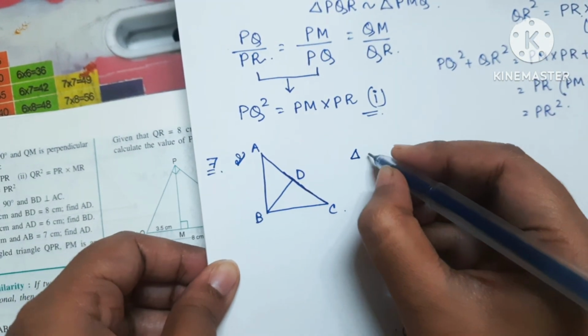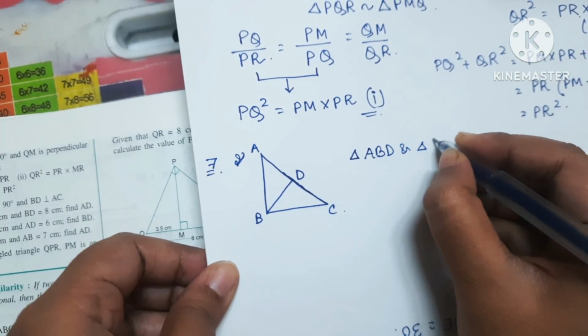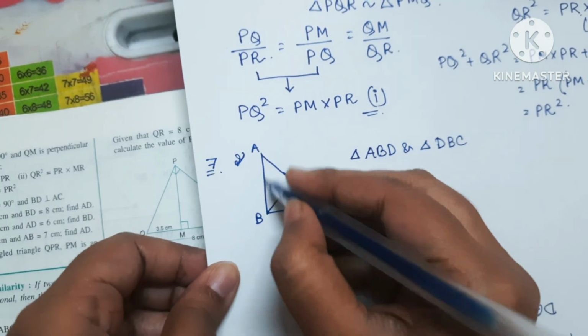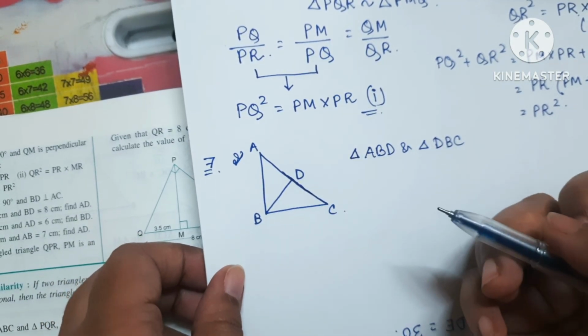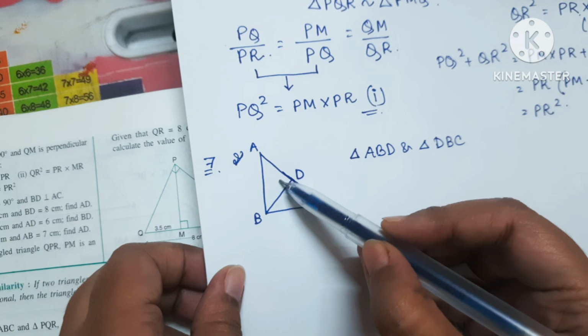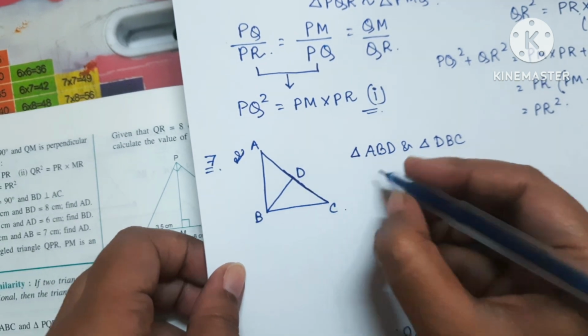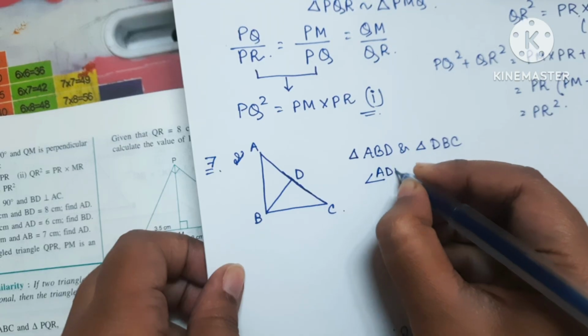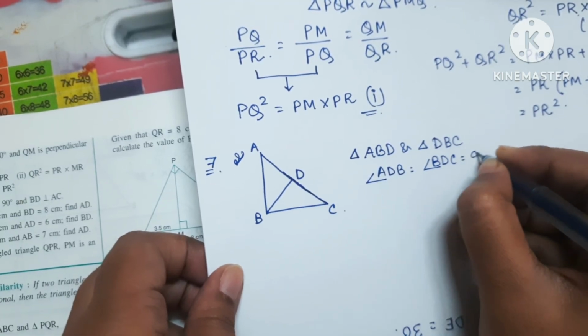So see, two triangles ABD and triangle DBC. These two triangles are similar triangles. Why? First of all, this angle is equal to that angle, that is 90 degrees. So angle ADB is equal to angle BDC is equal to 90 degrees.